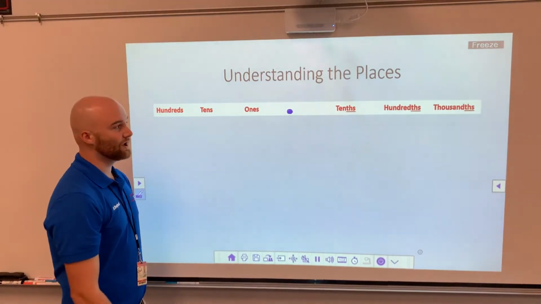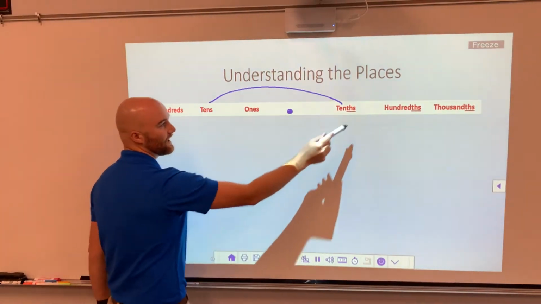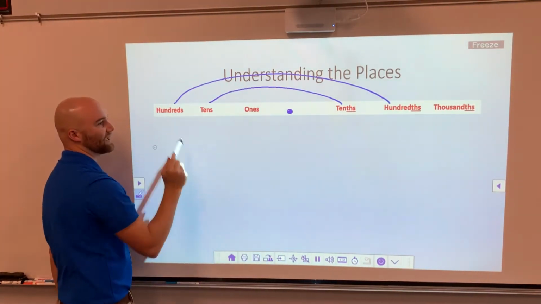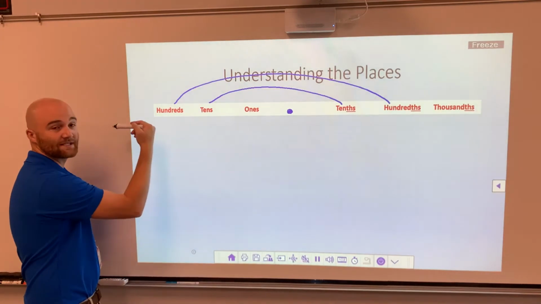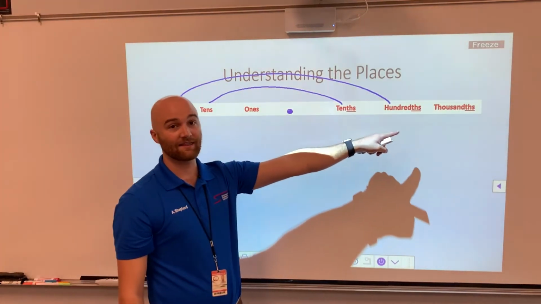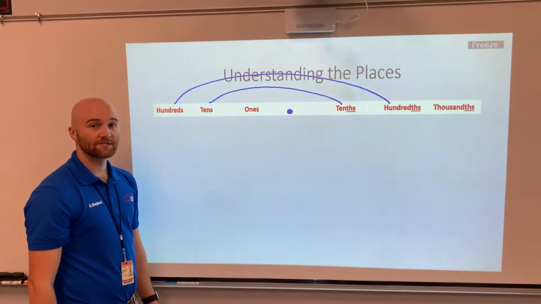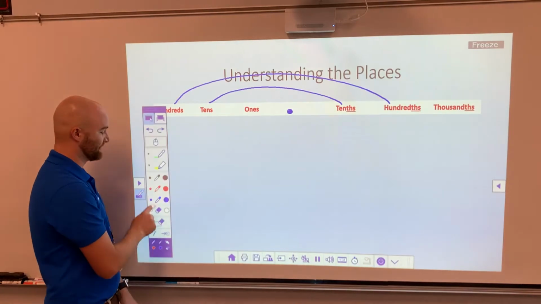You might also notice a pattern. Tenths and tens, hundredths and hundreds. If I were to keep going this way to the whole numbers, I would have thousands, and over here I've got thousandths. That ths just tells us that it's a decimal number.